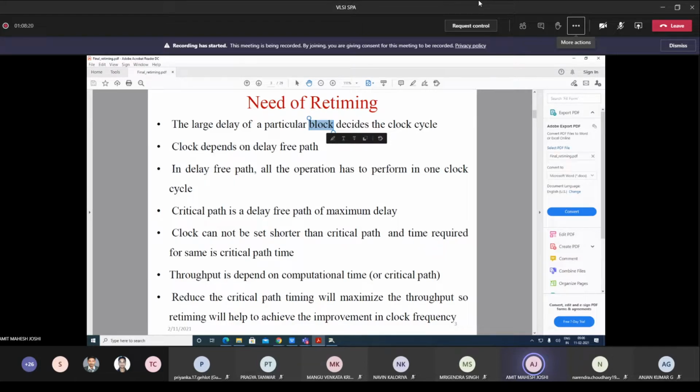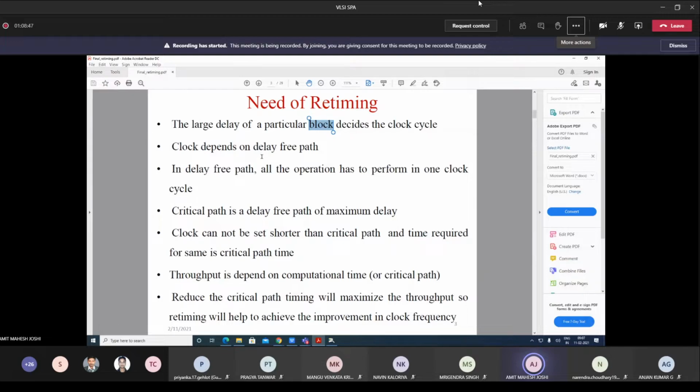If a functional unit takes 5 nanoseconds, then because of this the system will take a minimum period of 5 nanoseconds. Or in a particular graph, if node 2 is taking 4 units of time, then for that graph the clock period we consider is 4 units. So the largest delay of a particular block decides the clock frequency.